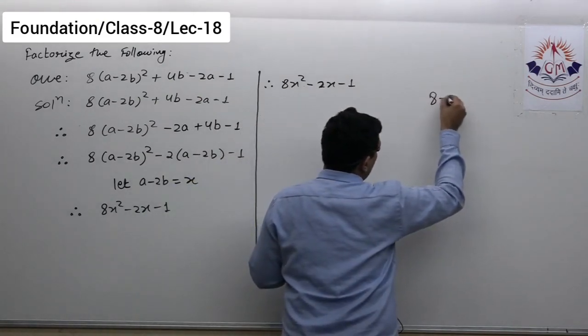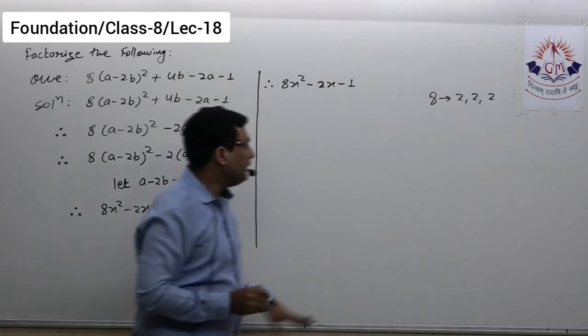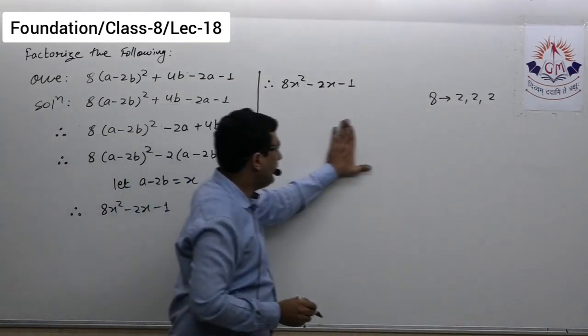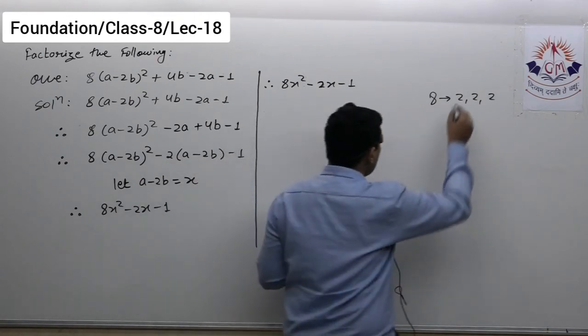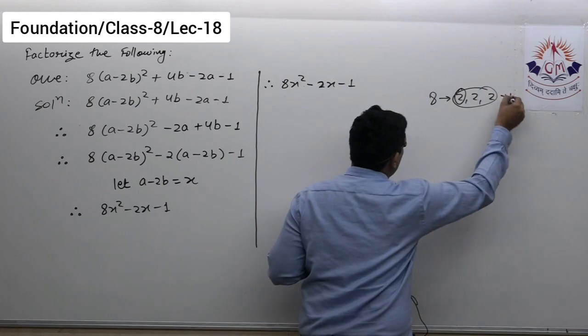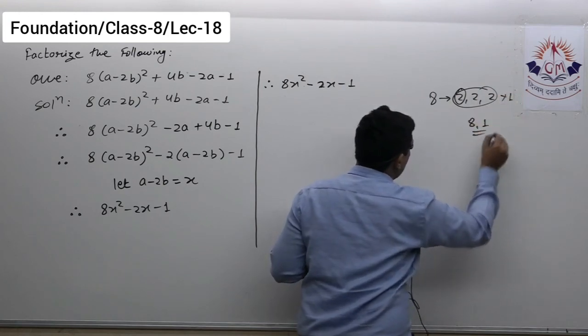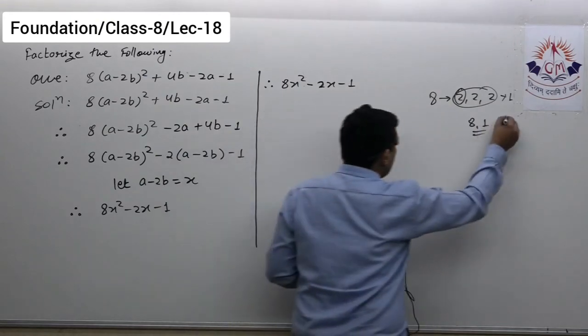So factors of 8 are 2, 2 and 2. Using these factors, you have to split the middle term. If I take 8 and 1, definitely that is not going to give me 2. So this is an incorrect combination.